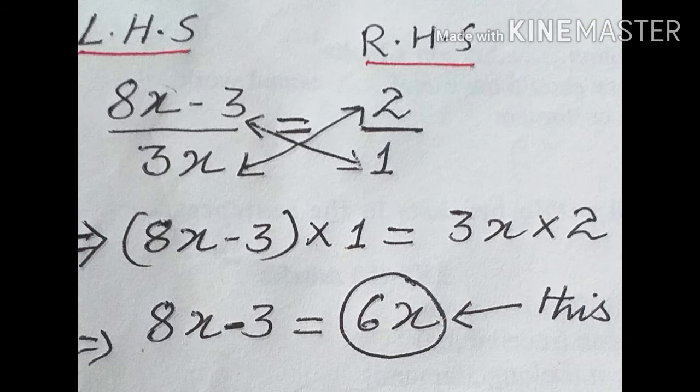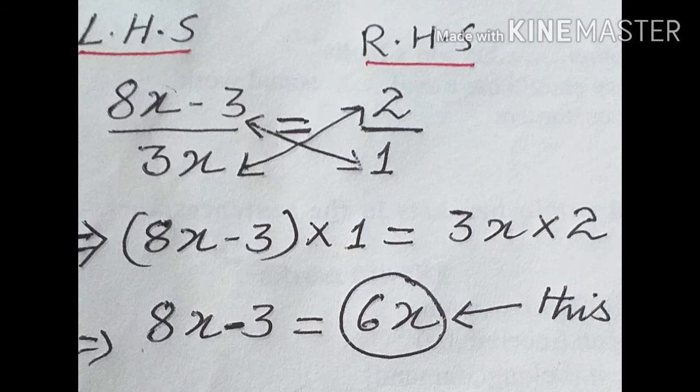So in the equation we can write like this: 8x minus 3 multiplied by 1, and in between we have the equals to sign, so keep it as it is, equals to. On the other side we have 3x multiplied by 2.